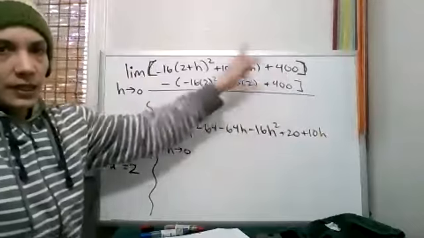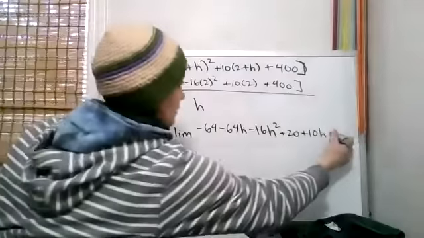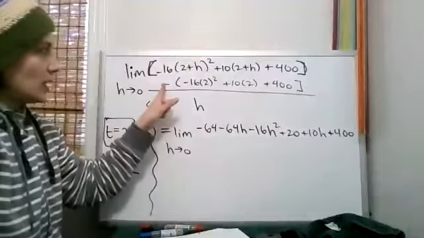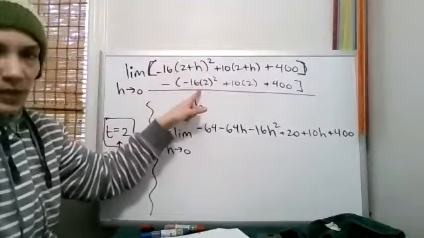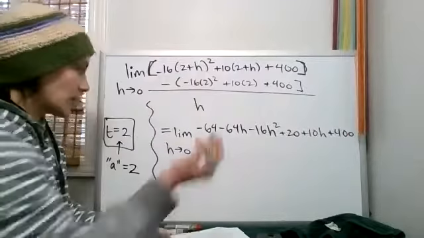Add 400, and then subtract this number, which is going to be a positive 16 times 2 squared.